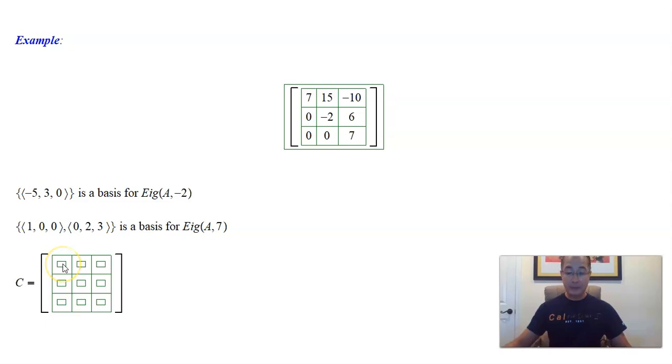Okay, so let's put together our matrix and confirm that we do get an invertible matrix. So -2 is first. We have -5, 3, 0 in column 1. Now for 7, we can actually put them in any order that we want within each eigenspace. But why not do it in the natural order?